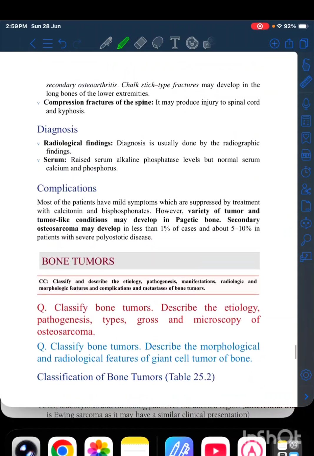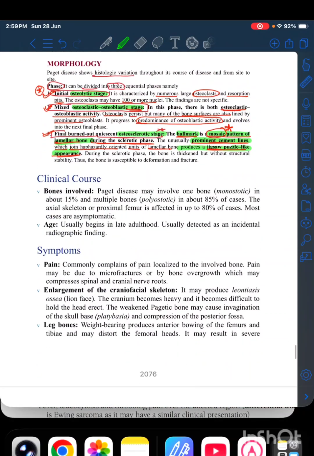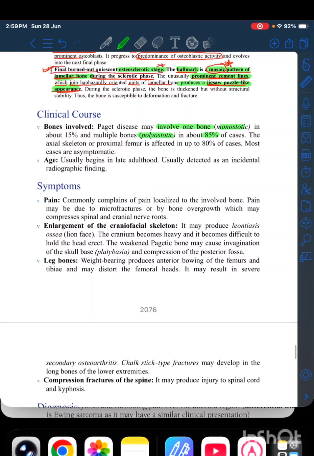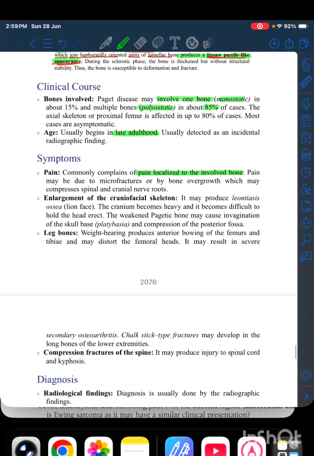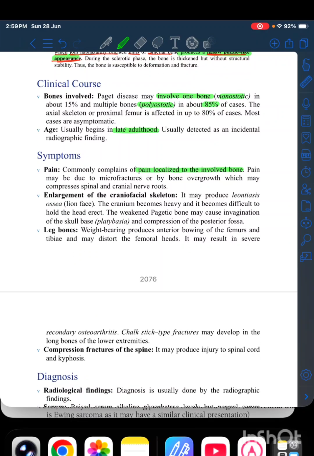We don't have the photo here, but for the clinical course, it may involve one bone, monostotic, or many bones, polyostotic. The majority are polyostotic. It is seen in late adulthood, with pain localized to the involved bone and enlargement of the craniofacial skeleton, producing a leonine lion face.